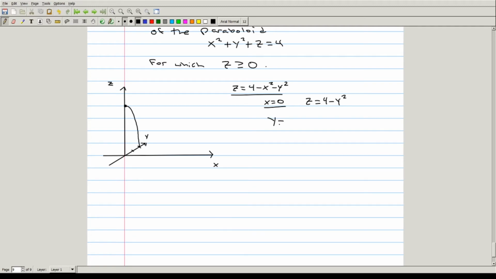And likewise, when y equals 0, we get the equation z is equal to 4 minus x squared, which again goes over 2 in the x direction. When x is equal to 0, it's up here at z equals 4, and it stretches down to this point right here at x equal to 2.